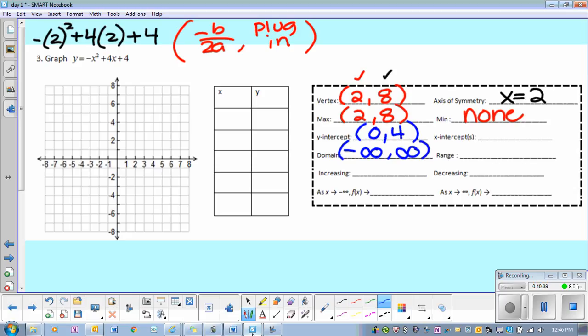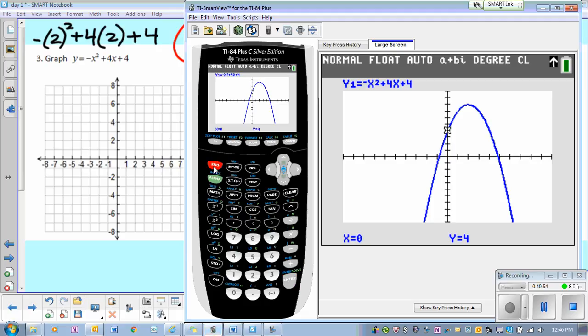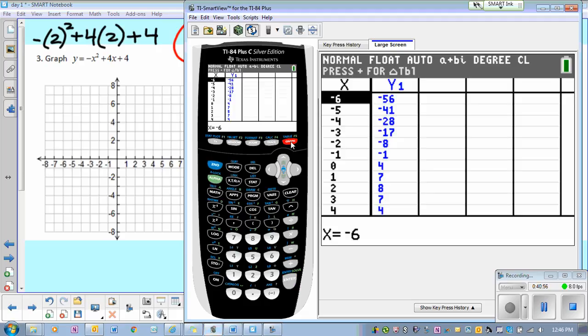All right, let's graph this. So 2, 8, my vertex, should go in the middle of my table. You can plug in numbers, but it takes so much time. If I can get my table of values straight from my calculator, second graph, why not?